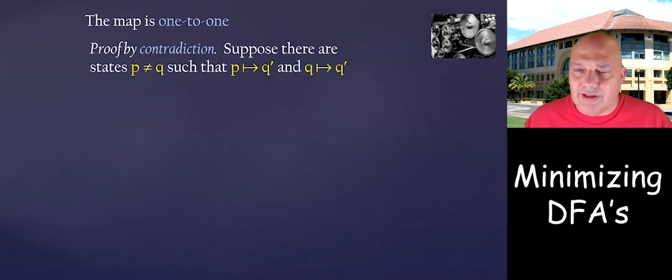This is going to be tricky in a similar way to what we already proved before. The proof is by contradiction. Suppose that there are two distinct states, P and Q, such that P is mapped to Q prime, and Q is also mapped to Q prime.